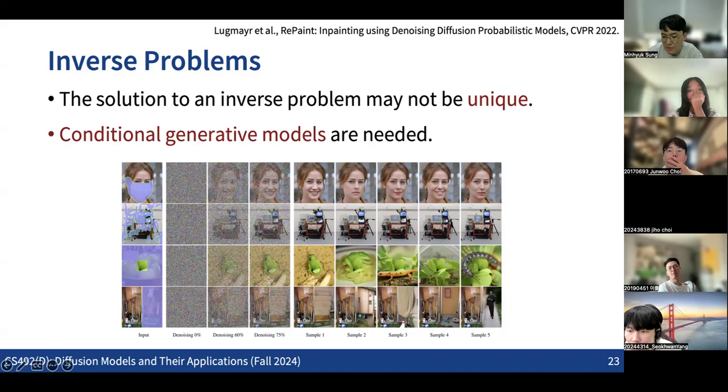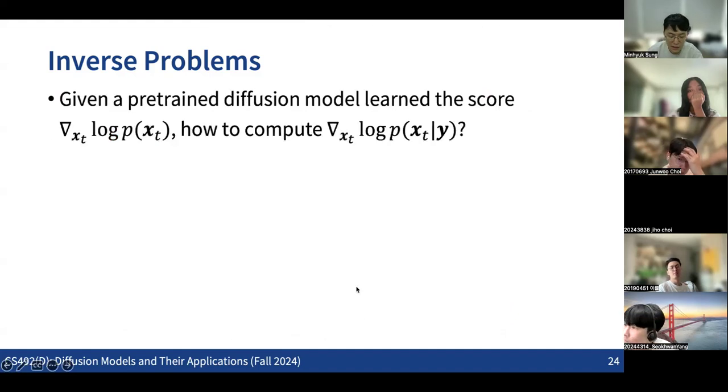So in this case, as we have discussed in the previous lectures, diffusion models are all about how we calculate this score function, right? Once we are able to compute the score for the noisy data point xt, based on that we can run the denoising process using this score to get a realistic data point.